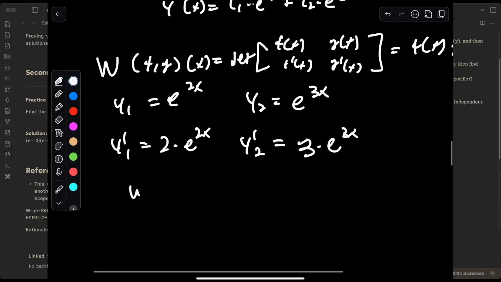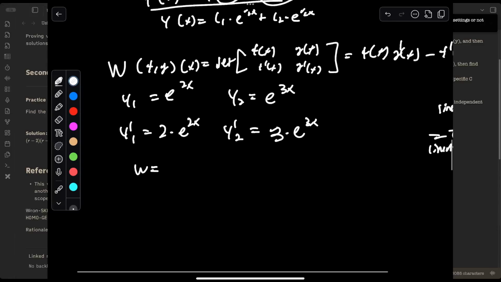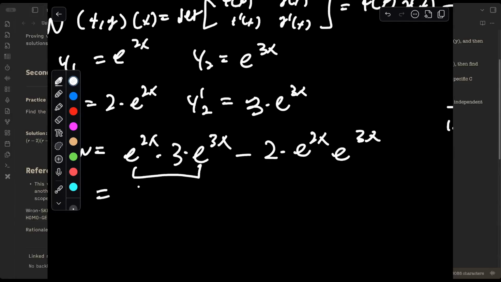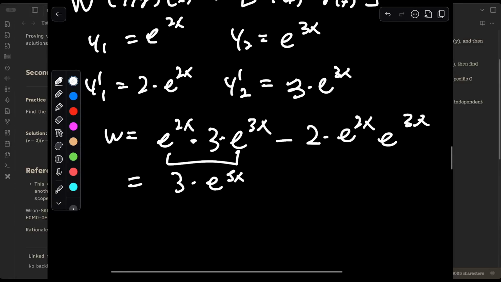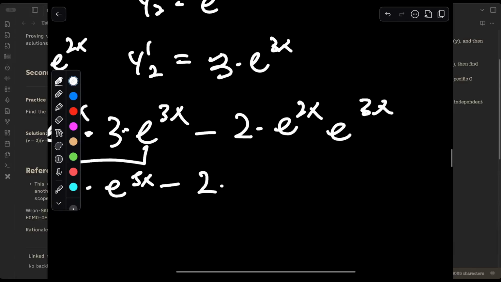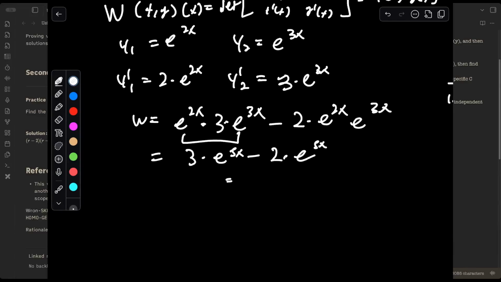We just plug in the values. f of x is y1, which is e to the power of 2x times e to the power of 3x, which is going to be 3 times e to the power of 5x because we can add the exponents when multiplying, minus 2 times e to the power of 5x. This just brings it down to e to the power of 5x.